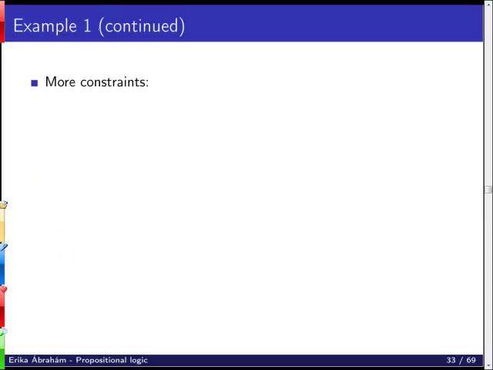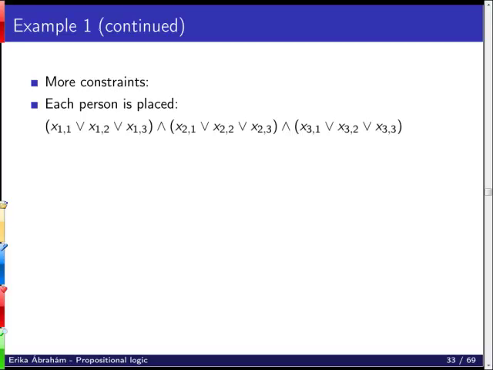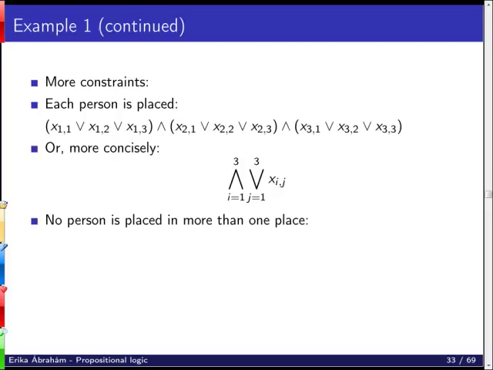Now the constraints that you said, each person is placed, means that the first person is either in seat 1 or 2 or 3, the same holds for the second person, and the same holds for the third person. This is just a more complex formalization.